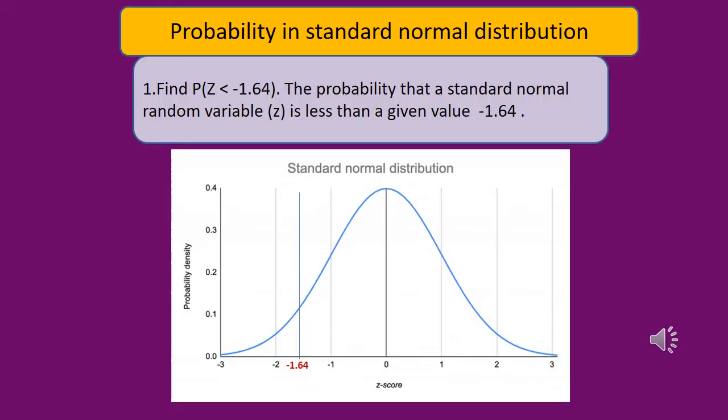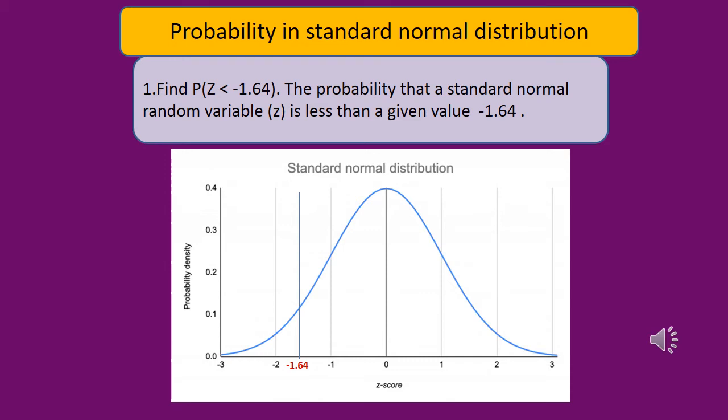First we need to mark minus 1.64 in the particular place in the Z graph, at the very beginning.